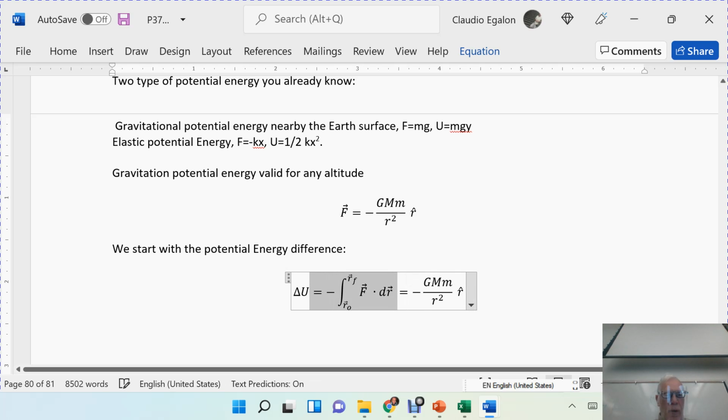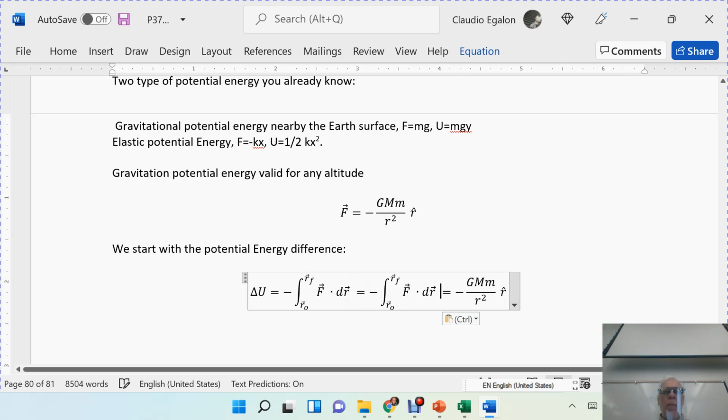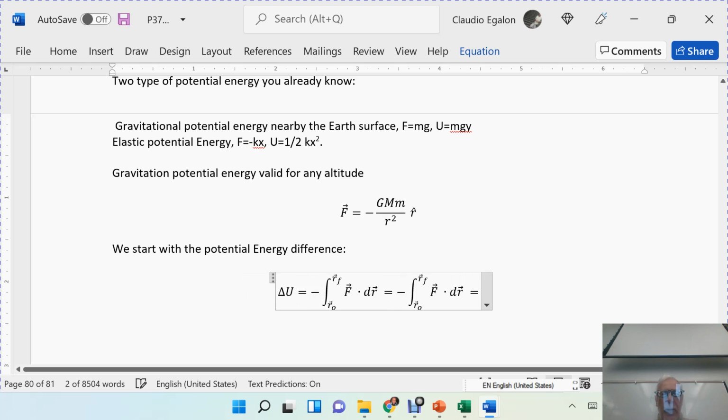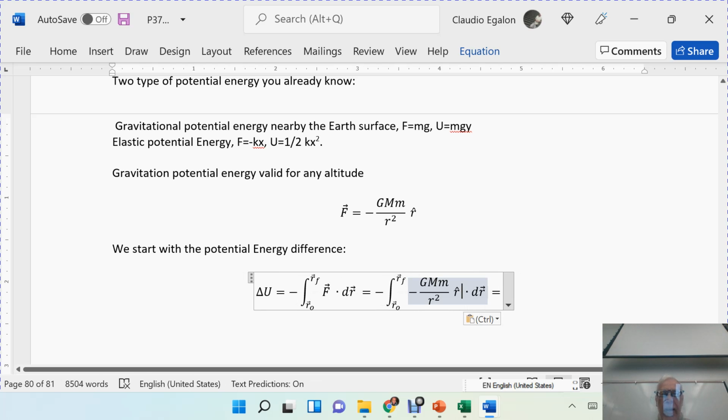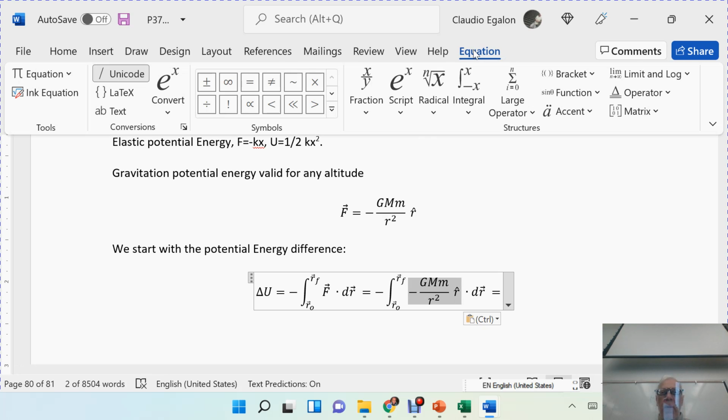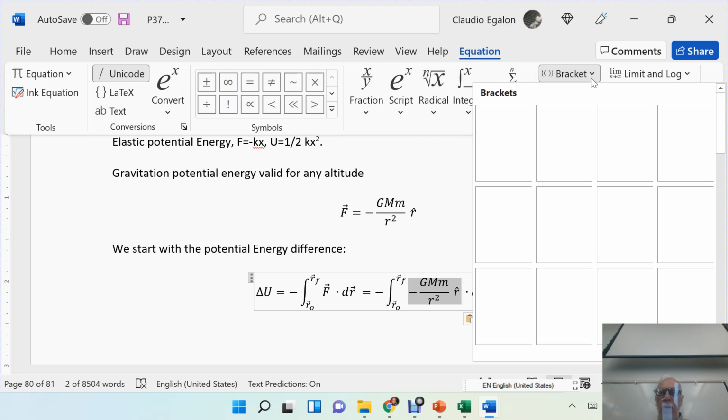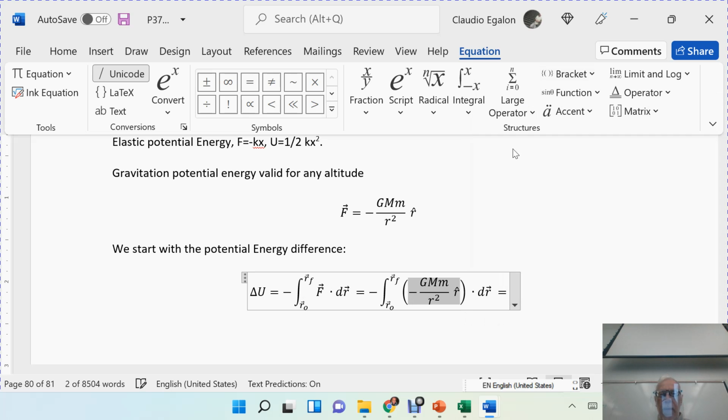And then we are doing the work done by this new gravitational force that's written differently; it's a more generic one. I'm going to substitute right in here. Let's make sure we put that in parentheses so we do not get confused about what sign goes where.